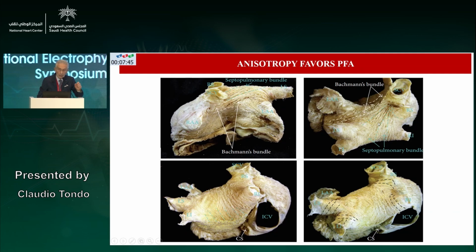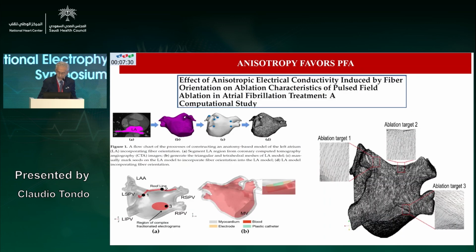And when you apply PFA in these structures, and you have not really a parallel application but a perpendicular application, you might obviously get the best lesion size and depth of the lesion.